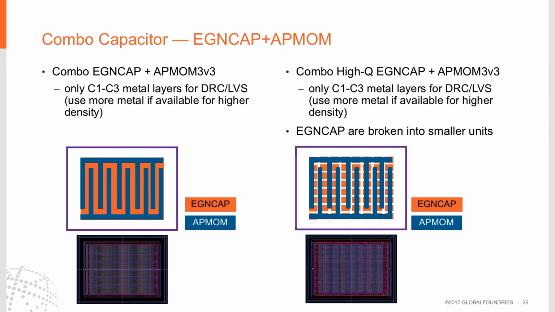You can use more metal if it's available, which will give even higher density. The case on the right is the combo high Q EGNCAP plus the APMOM 3.3 volt. And once again, this only shows C1 through C3, but you can use more metal if it's available. In this case, the EGNCAP are broken into smaller units.